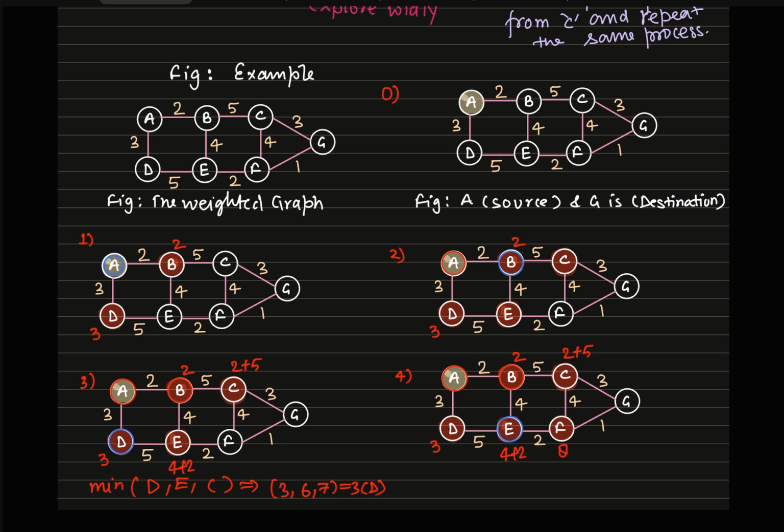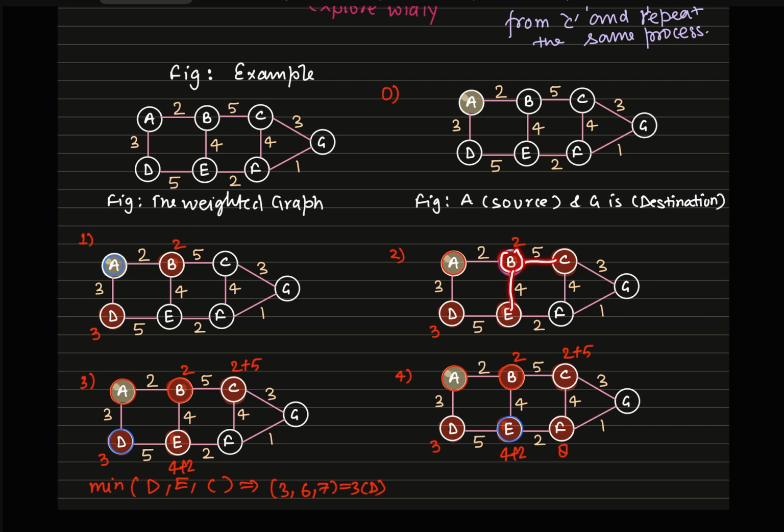Next step, we find, out of the explored vertices which have not yet been used to explore their neighbors, the one having the minimum cost from the source. So, 2 and 3, 2 is the minimum one, so we start exploring from 2.